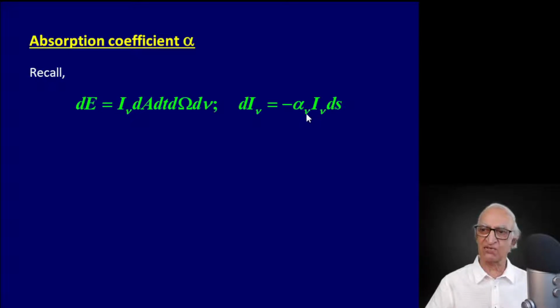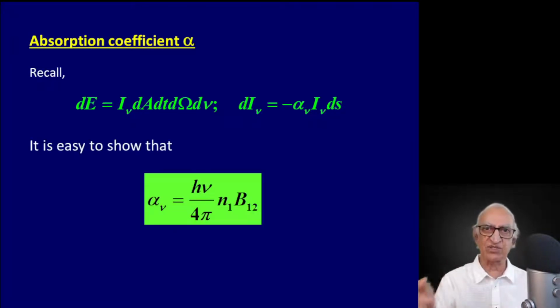So that is how we define the absorption coefficient alpha nu. We didn't say why there was absorption. Classically, we didn't know what is the origin of the absorption, how to calculate the absorption coefficient. None of these things were clear then. So now we are making the first step towards it.